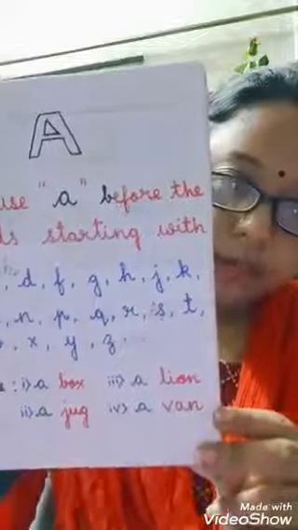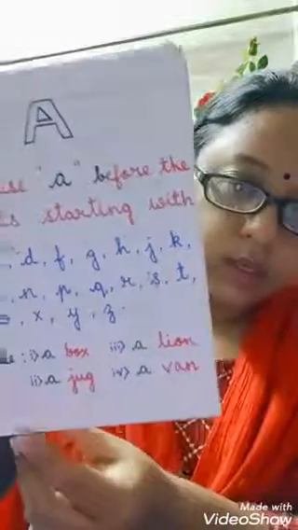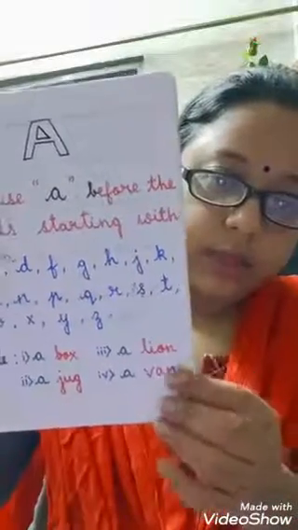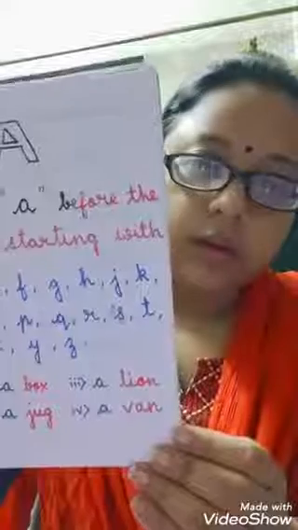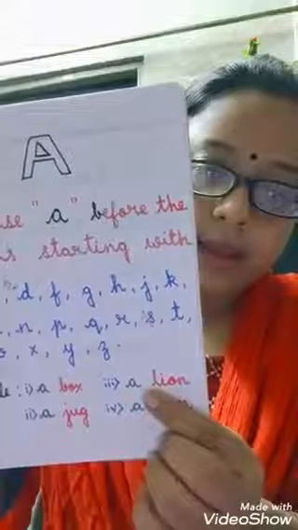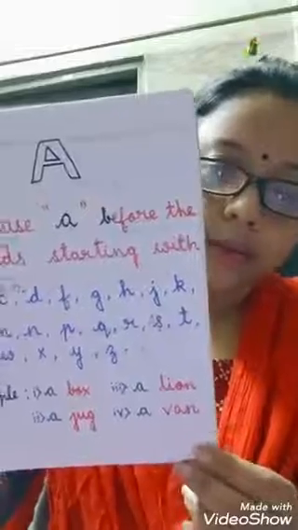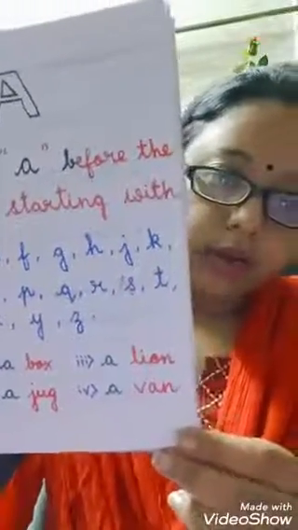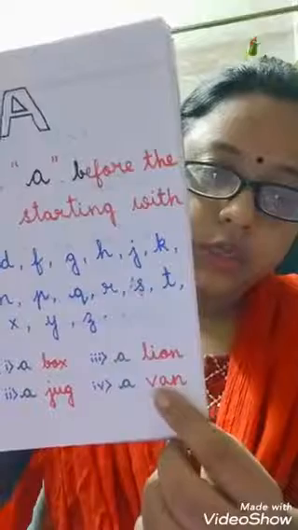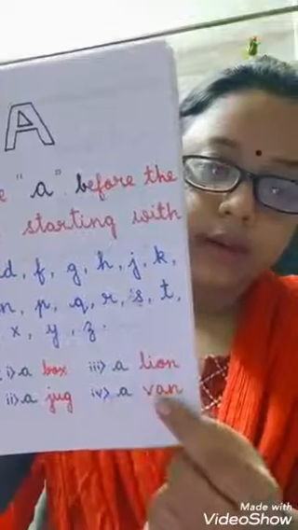The next one, a jug, starting with J and one jug. Number 3, a lion. Lion starts with L, and we are talking about only one lion. The last one, a van, which starts with V, and we are talking about only one van, a van.